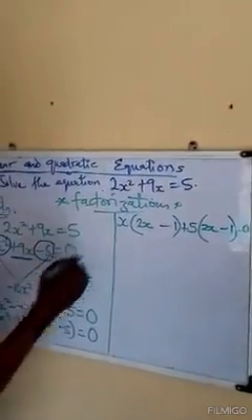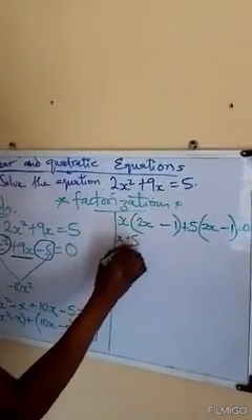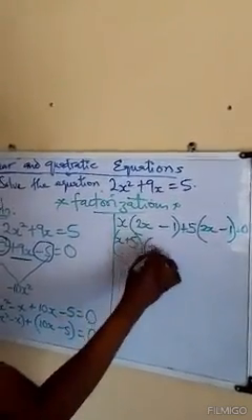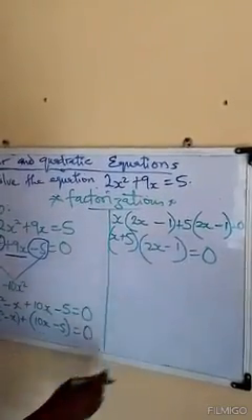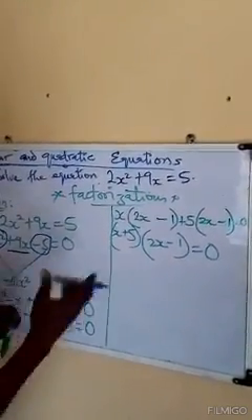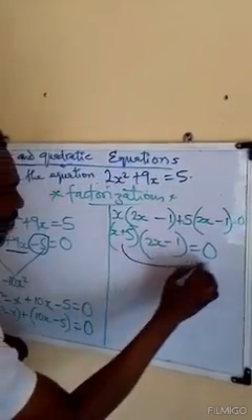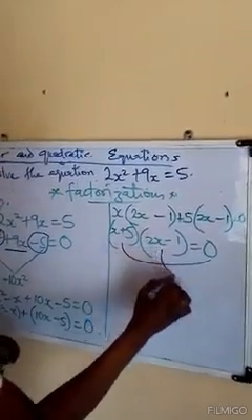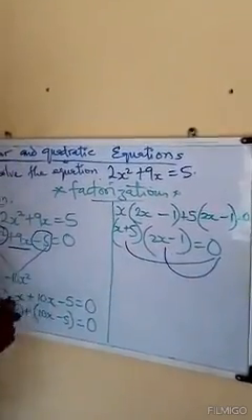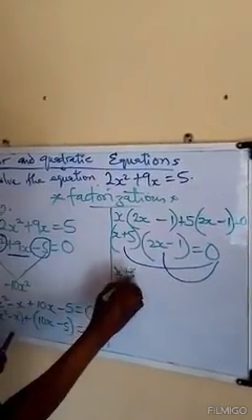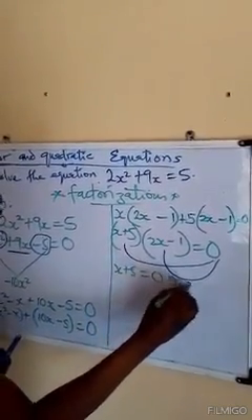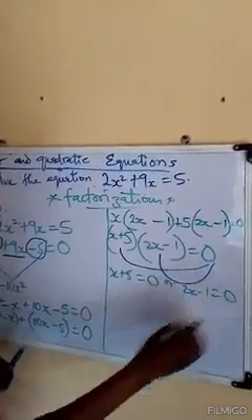At the end of it all, you have x plus 5 and 2x minus 1. So you pick one of them which is going to give you equal to 0. So it's either x plus 5 equal to 0 or 2x minus 1 equal to 0.